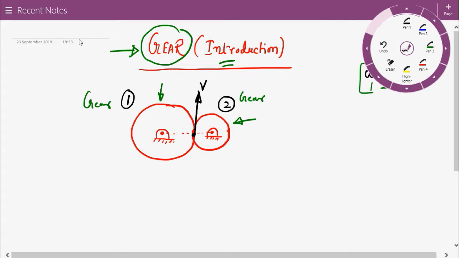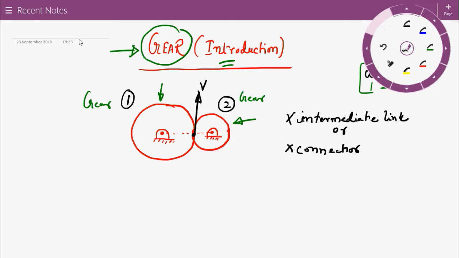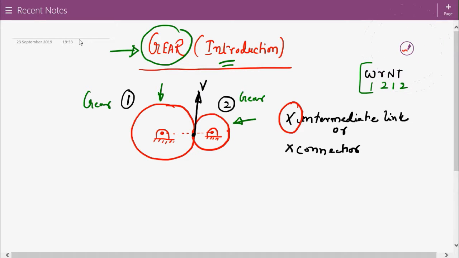Gear uses no intermediate link or connector.